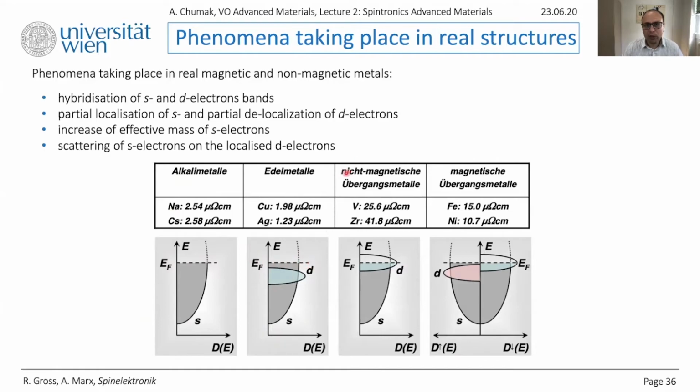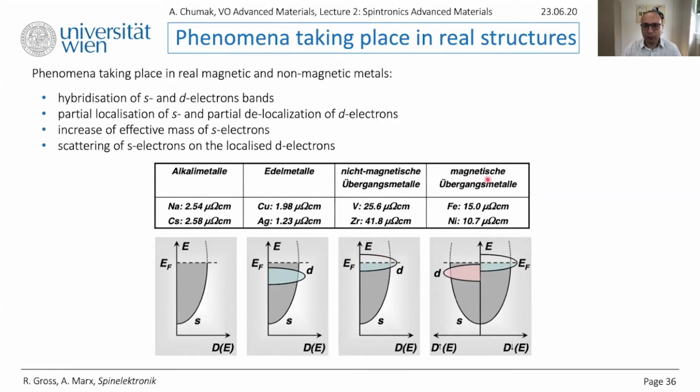And then you have non-magnetic 3d metals like vanadium and zirconium. In this case you have a localized d band at the Fermi level, and they are not very good conductors.